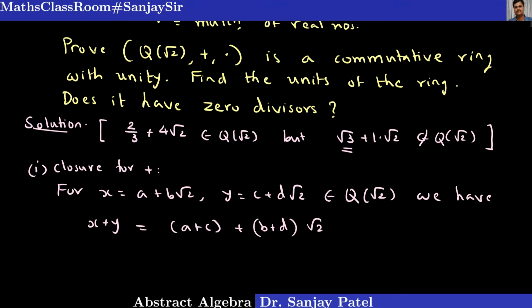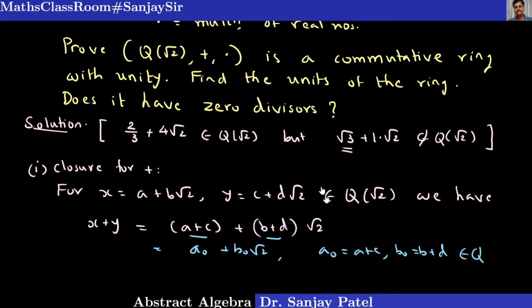Here a and c are rational numbers, and b and d are also rational numbers. So a plus c and b plus d are also rational numbers. I can call them a0 and b0, where a0 is a plus c and b0 is b plus d, and both belong to Q.